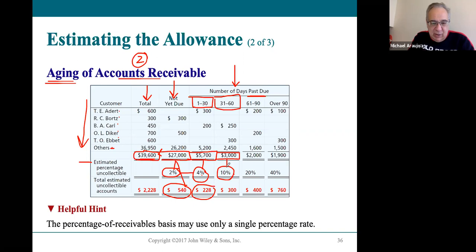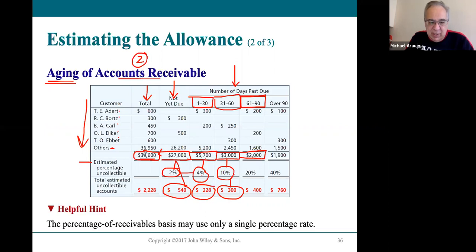They're thinking now these folks are 5 times more likely not to pay. If we're still waiting 1 to 2 months later, we're probably not going to see more of that money. So they have estimated that 10% of that, or $300, is not going to be collected. 2 to 3 months late. Hello, that's a long bath.